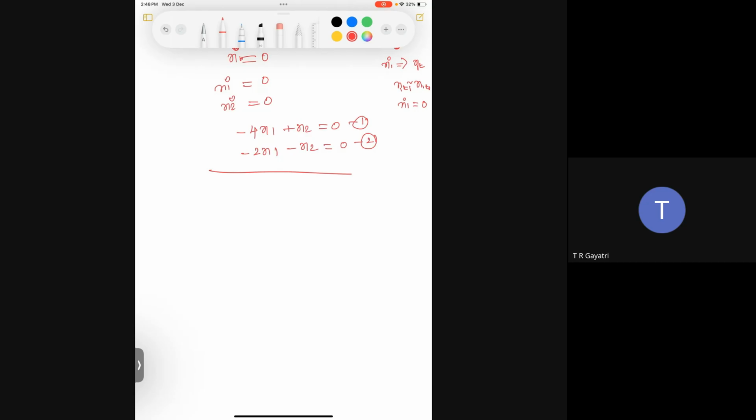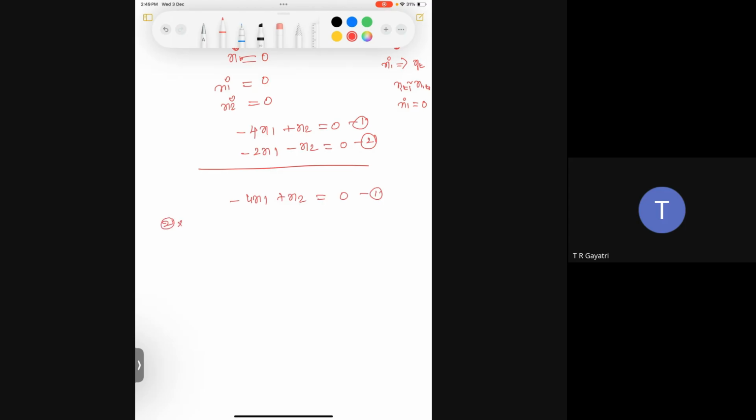So we'll solve these equations to find x1 and x2, right? Considering plus, minus 4x1 plus x2 equal to 0 is the first equation.